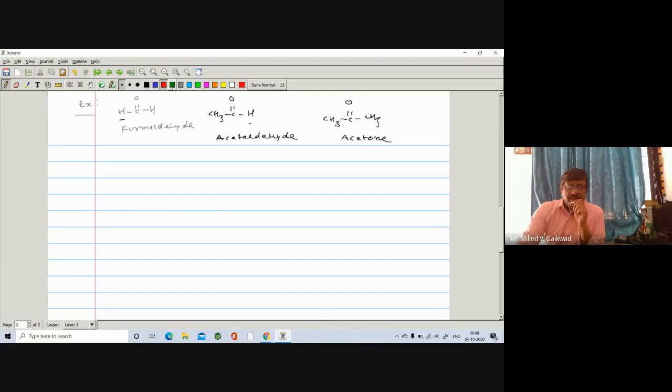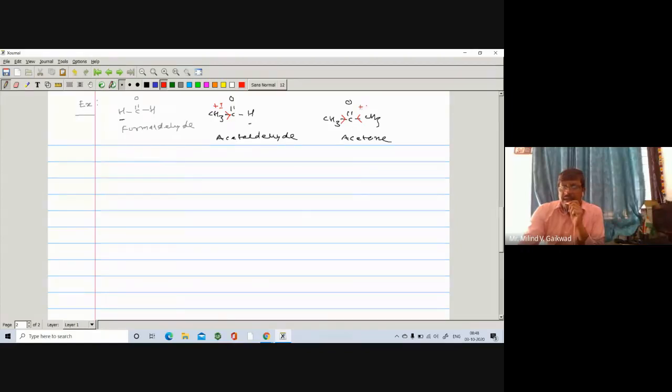In all these compounds, you see that hydrogen does not exhibit any electronic effect, but the methyl group exhibits a plus I effect, right? The charge on the carbon gets decreased, meaning the reactivity is less. But here in this case, there are two methyl groups which exhibit plus I effect.